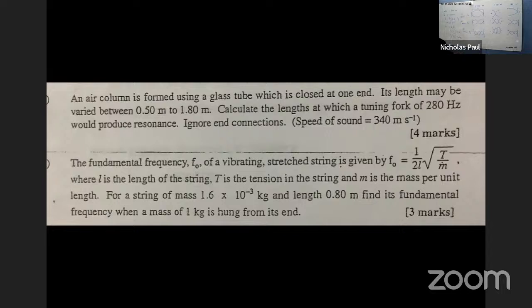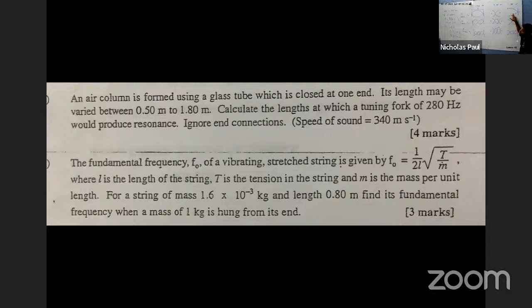So the first thing you have to do is what? One end open and one end closed, so you have to figure out what the fundamental will look like. It will look like this, right? So now you know what it looks like. How much of a wave is this? A quarter of a wave.